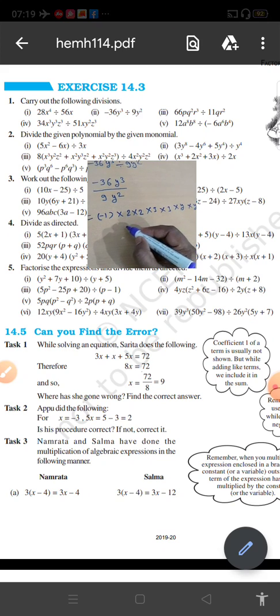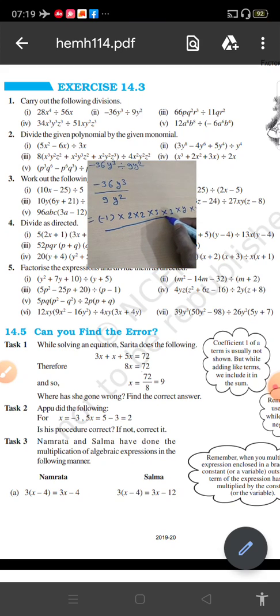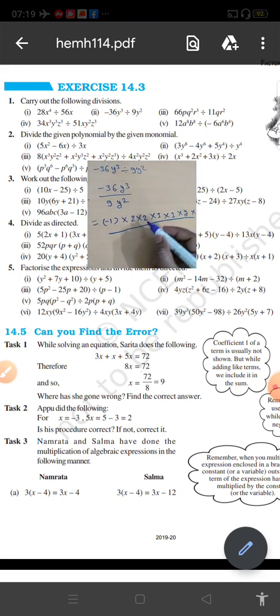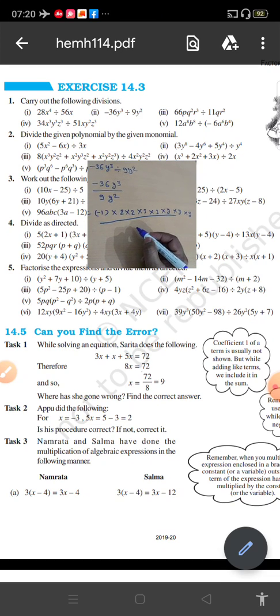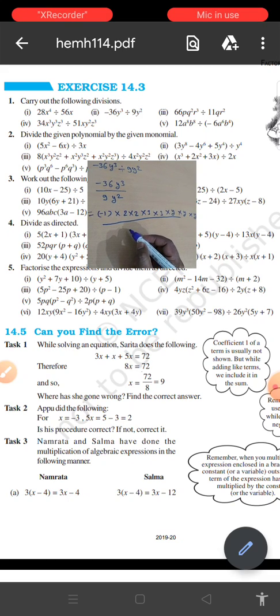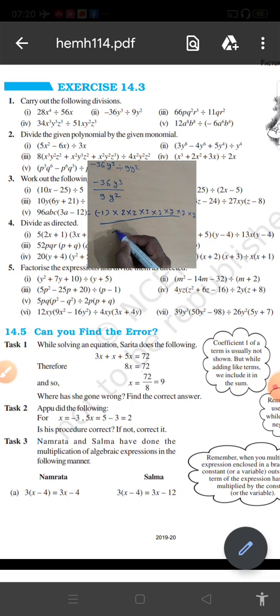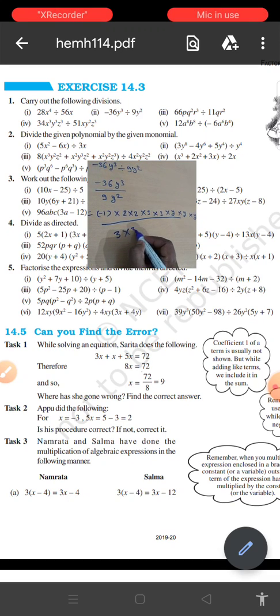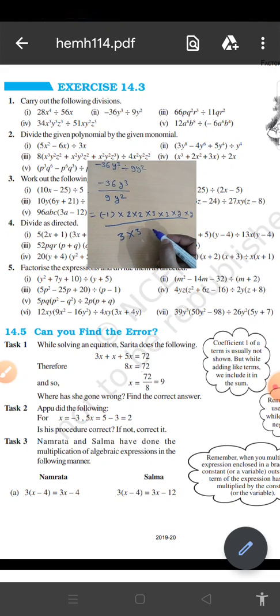After this, divide by 9y square. You can write 9y square as a product of irreducible factors. 9 becomes 3 into 3. After this we can't reduce this 3, and y square is y into y.